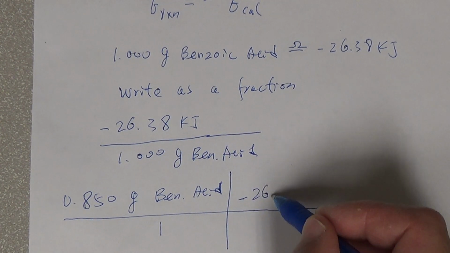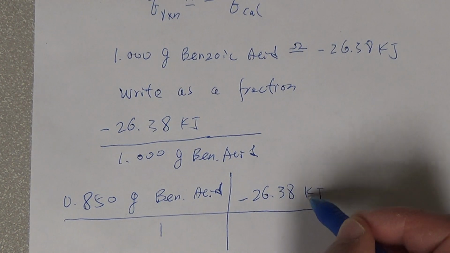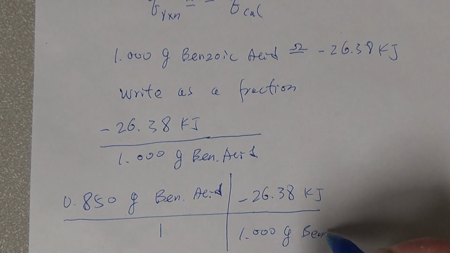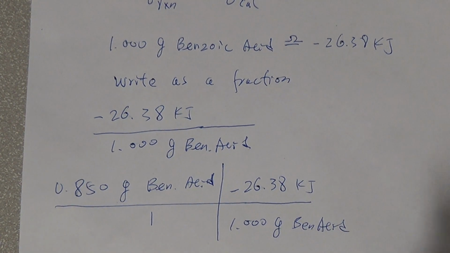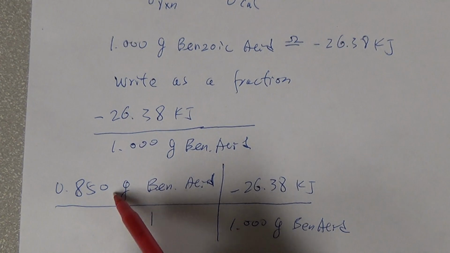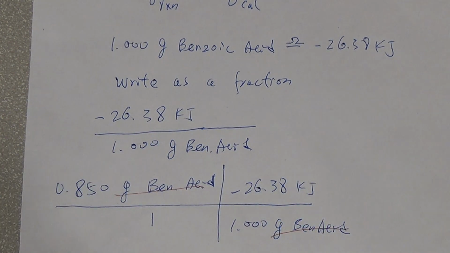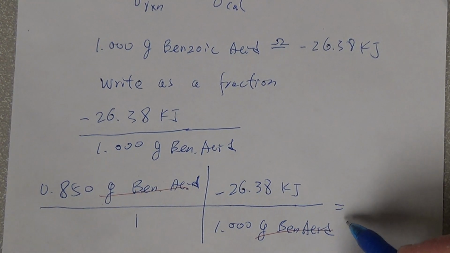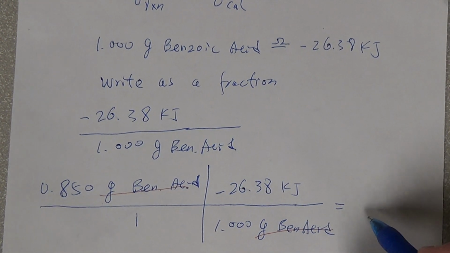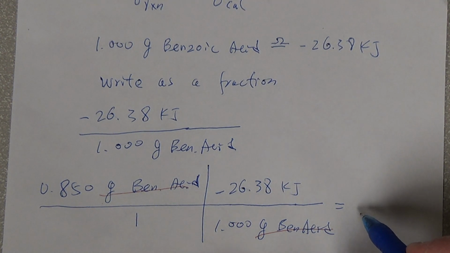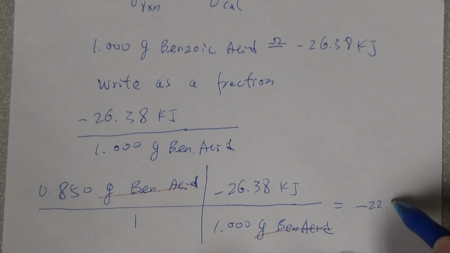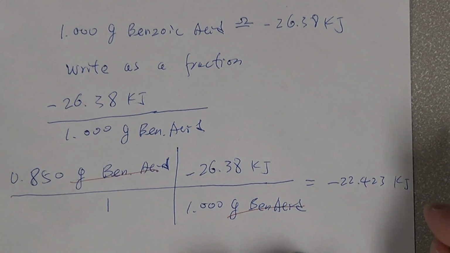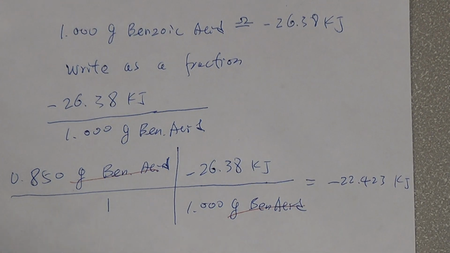So negative 26.38 kilojoules per 1.000 gram of benzoic acid. And we can see the gram benzoic acid cancels out, and we see how many kilojoules are released by the chemical reaction. That gives us negative 22.423 kJ.